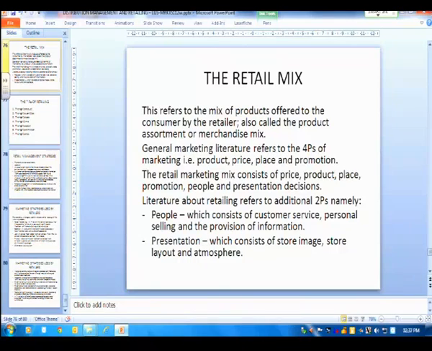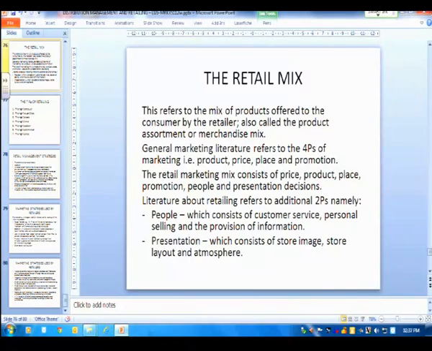Let's now look at the retail mix. The retail mix refers to the mix of products offered to the consumer by the retailer, also called the product assortment or merchandise mix. General marketing literature refers to the 4 P's of marketing, i.e. product, price, place, and promotion.